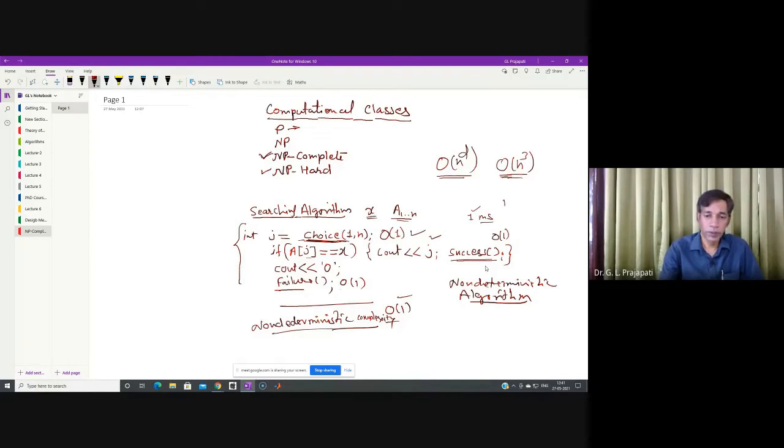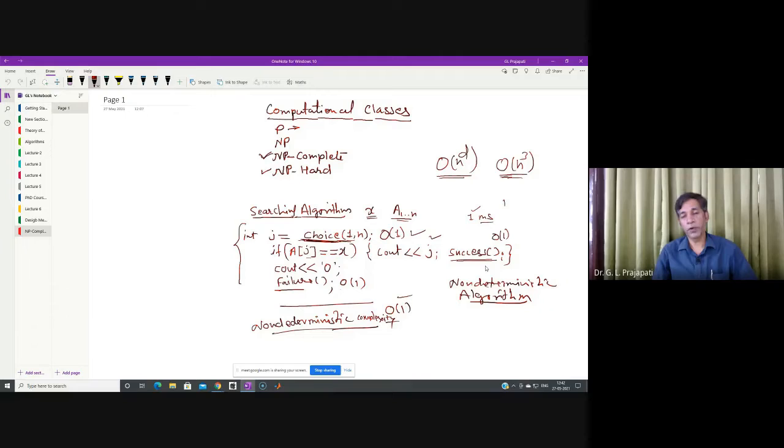Because you know that if you have the choice function which is independent of the input size, and it runs in constant time, then whatever the input size, you are executing the statement in constant time, and your algorithm has reasonable time to solve. Means the problems for which you have a deterministic algorithm that runs in exponential time can be solved in reasonable time if you have some programming language which can execute your non-deterministic algorithm. So this is the notion of the non-deterministic algorithm.